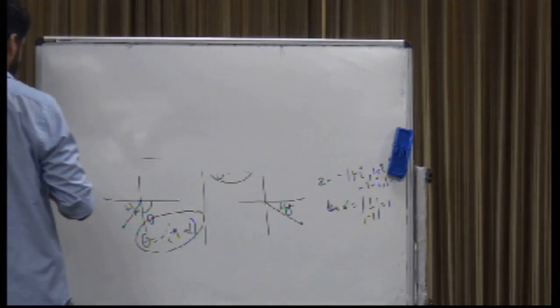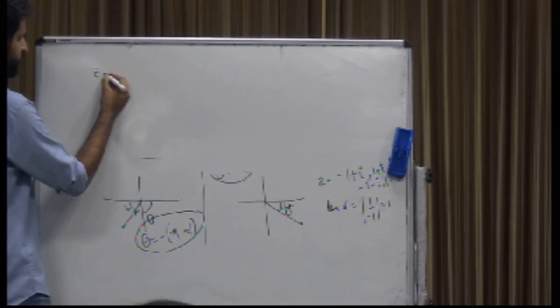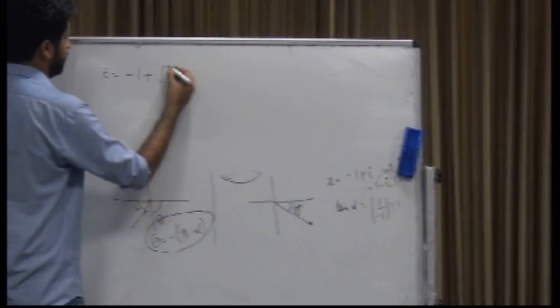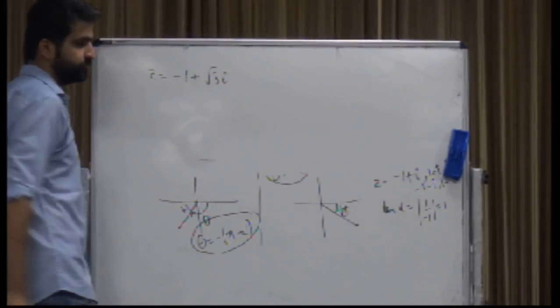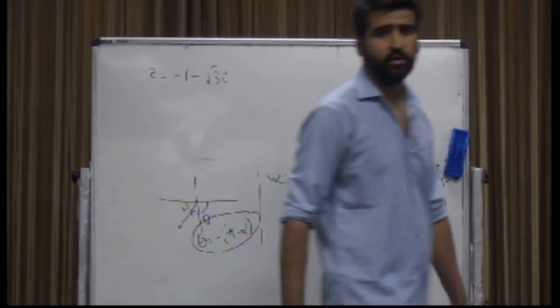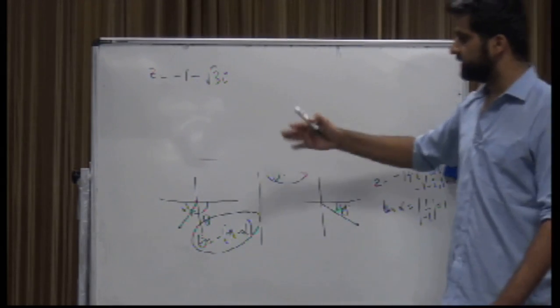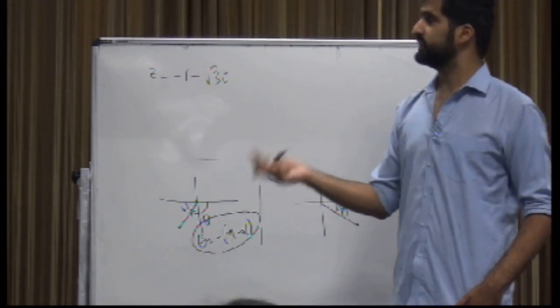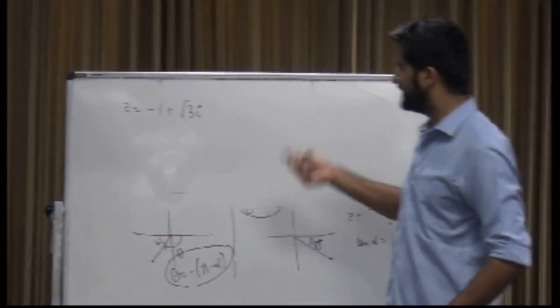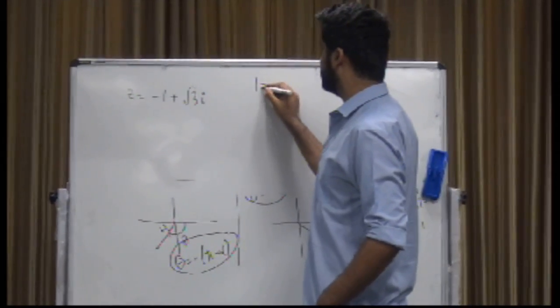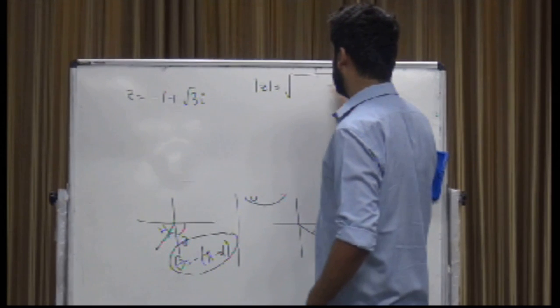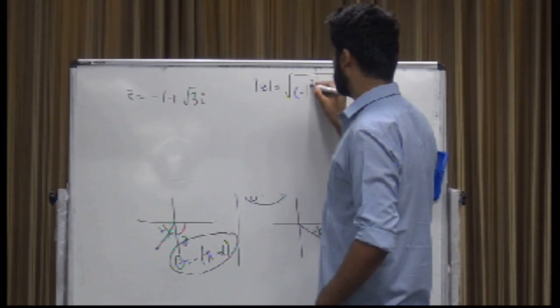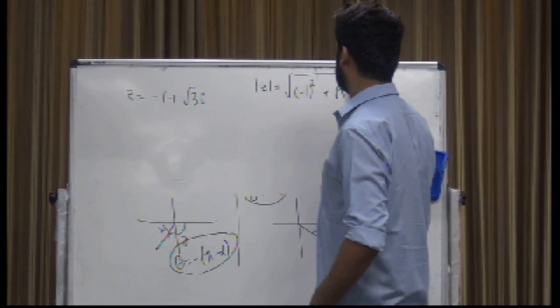So let's suppose we have z is equal to -1 plus √3i. To convert this complex number into polar form, I need two things. First one is mod z and the second one is argument. Modulus here will be square root of (-1) square plus √3 square.